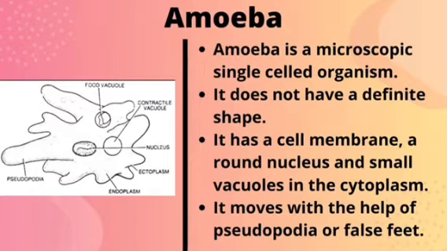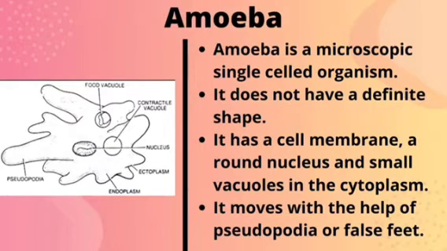There are some small vacuoles, and all these are present in a jelly-like substance called the cytoplasm. And how does this amoeba move? It puts out its body with small finger-like projections, called pseudopodia or false feet. So it extends and then it moves ahead.